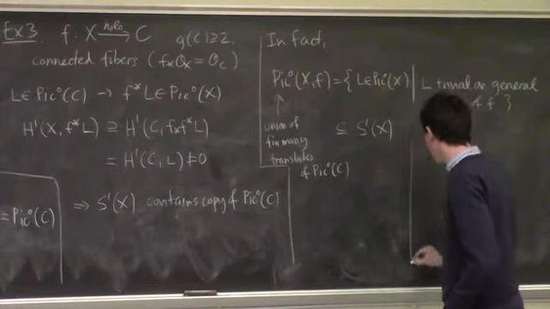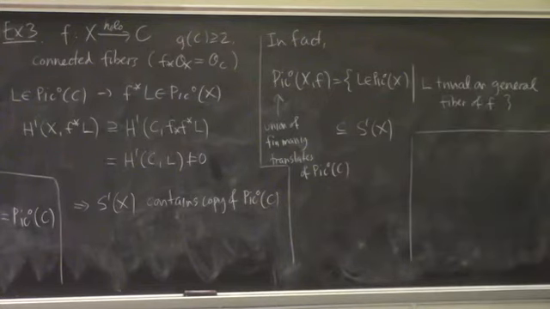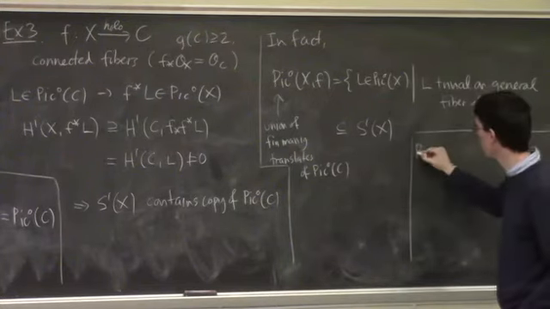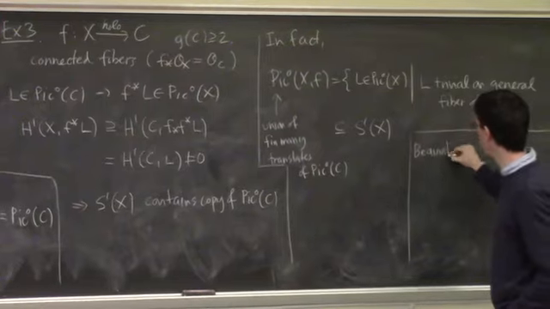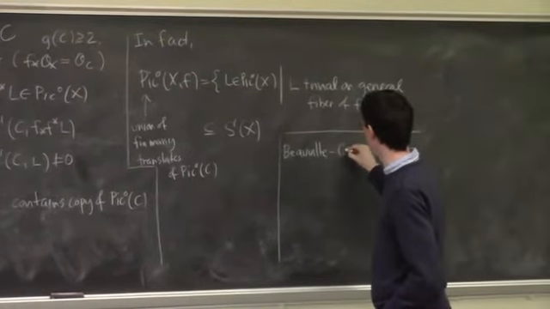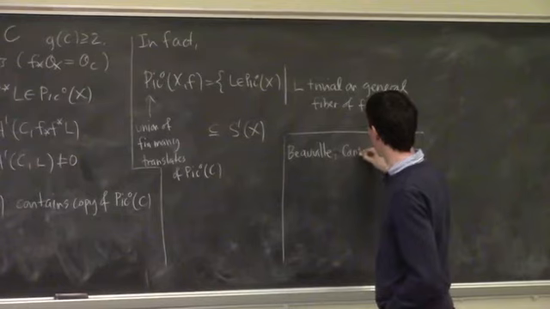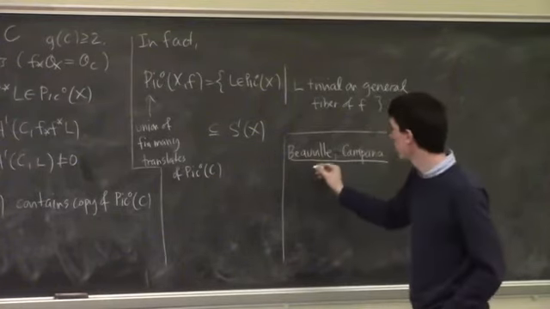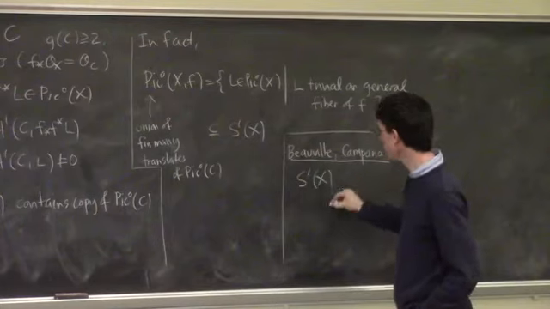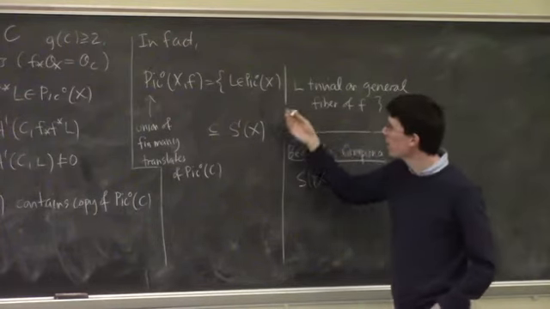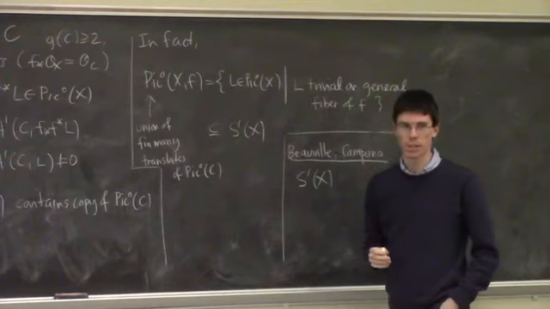Okay, and there is in fact, in this setting, a nice theorem even. This is due to Beauville and Campana, which says that this set S1 of X always consists basically just of these things.